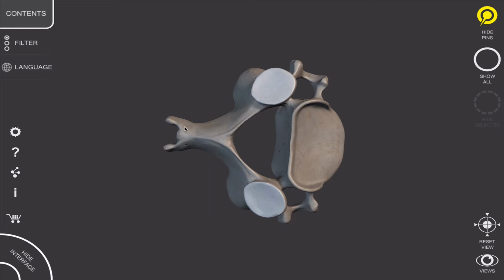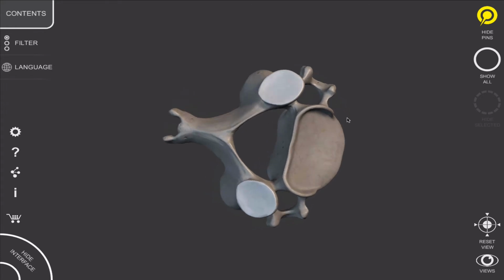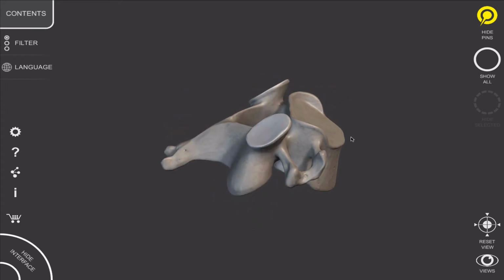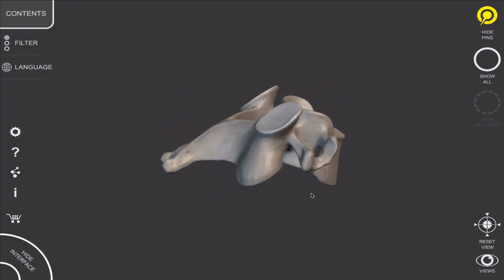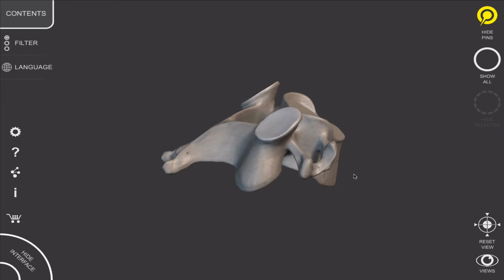As well, you'll notice the spinous process here is what we would call bifid, a bifid spinous process. It kind of splits into two pieces on the end here. The vertebral body is smaller, obviously, because it's a smaller vertebrae. It doesn't have to carry as much weight in the neck as it does in the lower back.